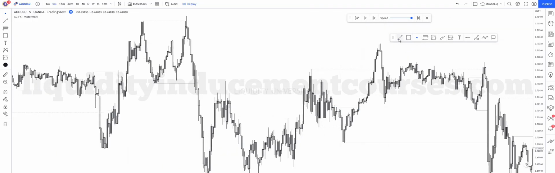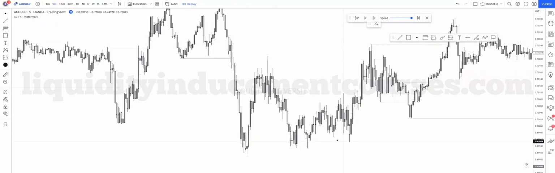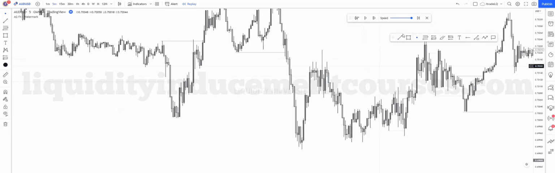Oh, I see a strong high too. Right there. Let's see right here. Strong low. Break here. Let's see, strong high.